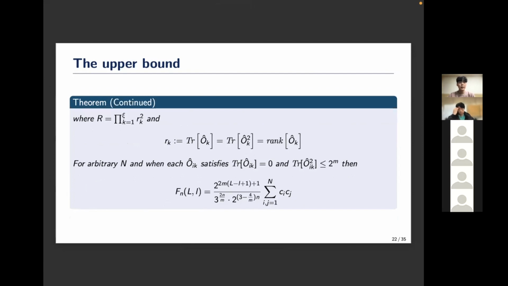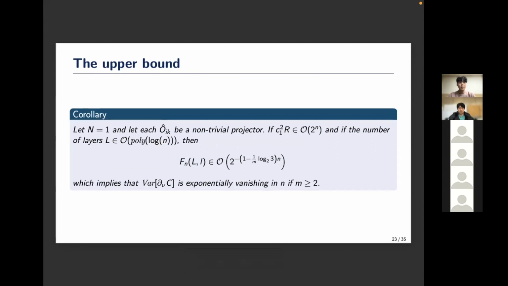For arbitrary n, and when each OIK is traceless and the trace of the square is upper bounded by 2 to the m, Fn L, L is like following.